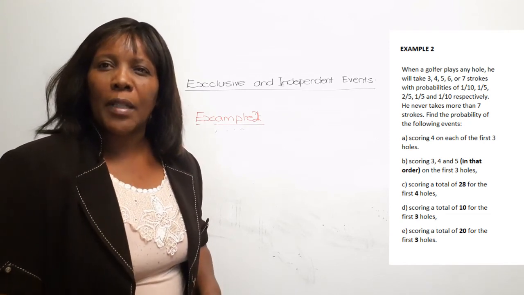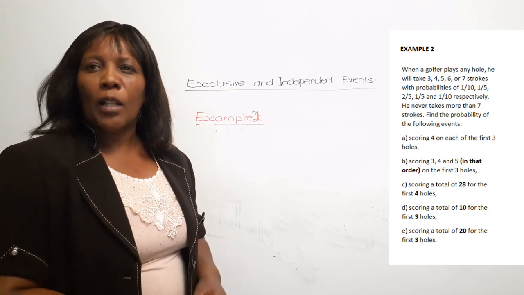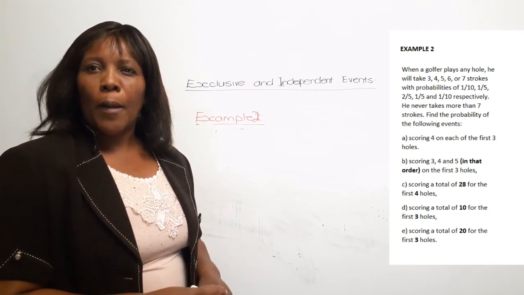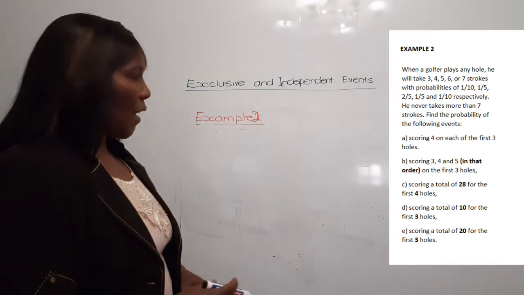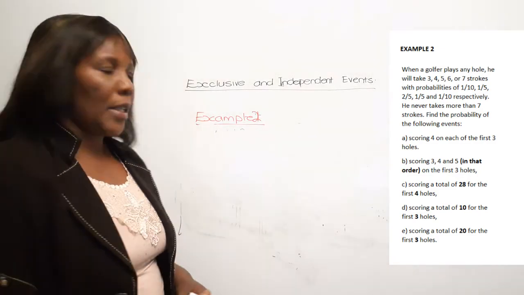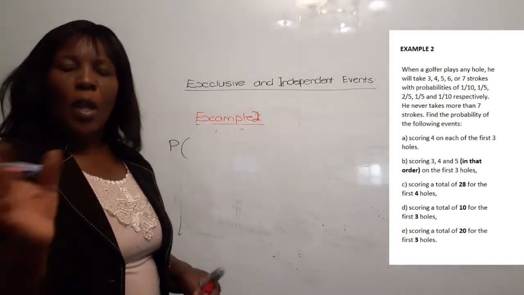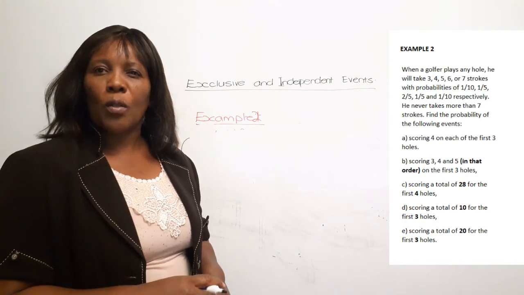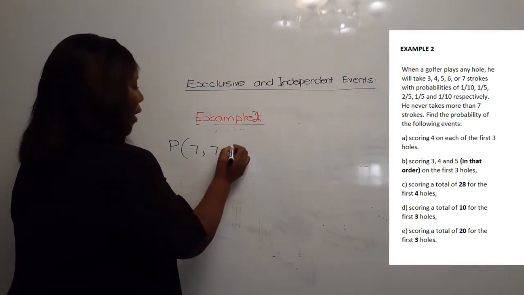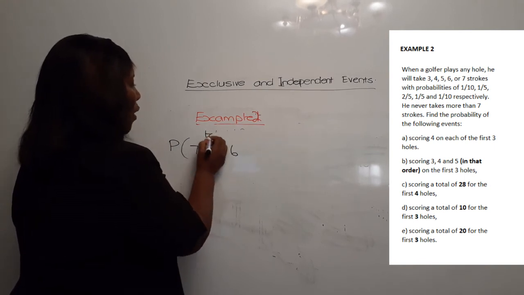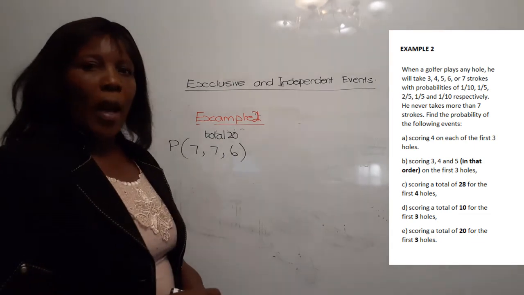The ones that will add up to 20 for us for the first 3 are actually your 7, 7, and your 6, because 7, 7, and 6 will add up to 14 plus 6. So you have to look through and make sure you have picked all those that can give you a total of 20. So 7, 7, and your 6 will give you a total of 20. Please make sure you are accurate.